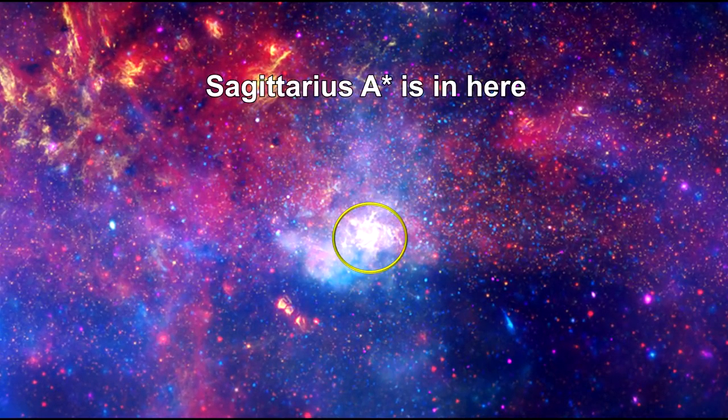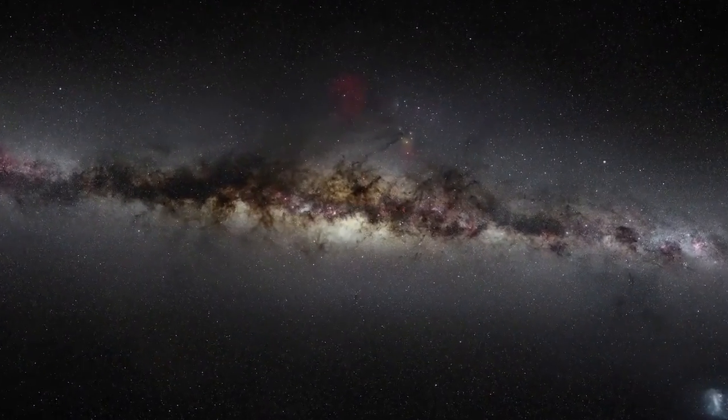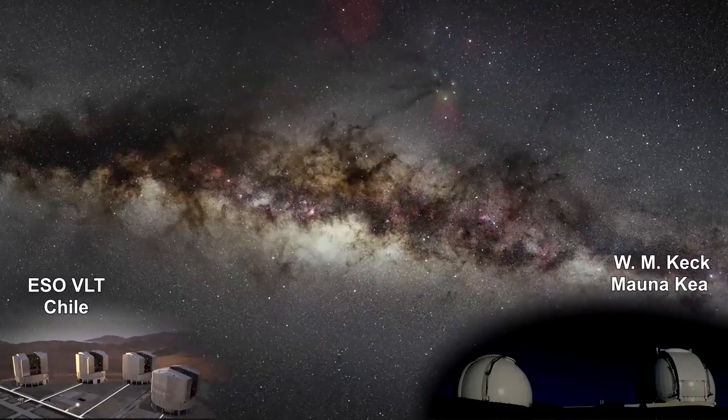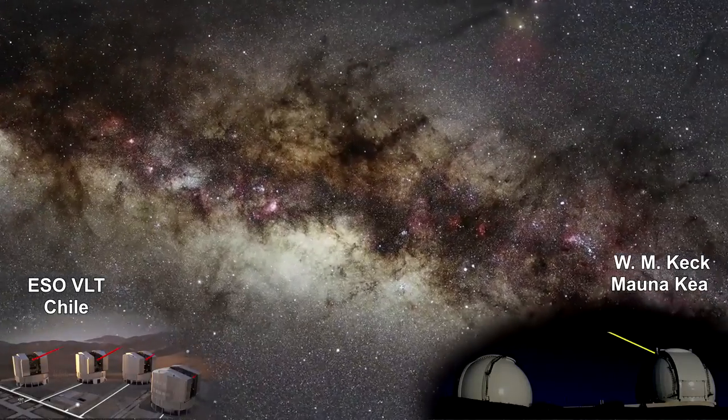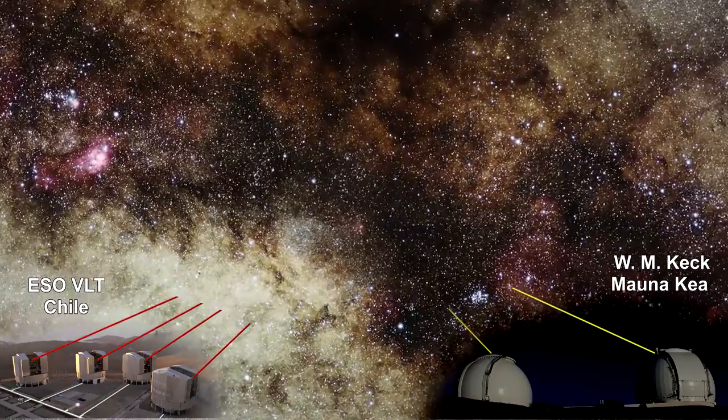The central object in the Milky Way is known as Sagittarius A star, or Sag A star for short. It is surrounded by so many stars and gas and dust that it is almost impossible to see. Teams of astronomers and astrophysicists have been working on understanding Sagittarius A star for over 25 years.